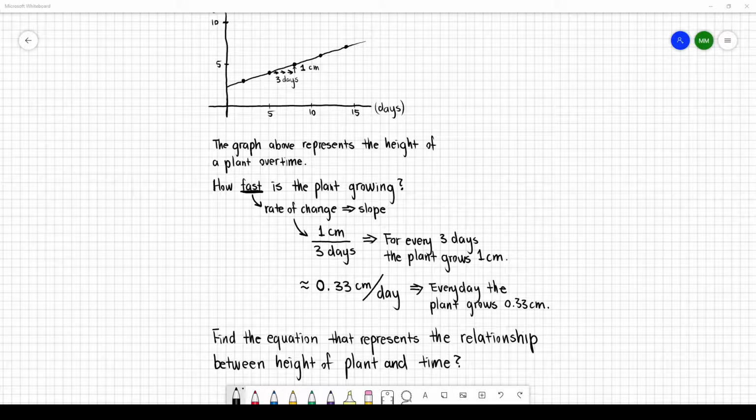So Nobel, 1 over 3x plus 2. Okay, how did you come up with the equation? Could you tell us your process? Not saying it's right or wrong.